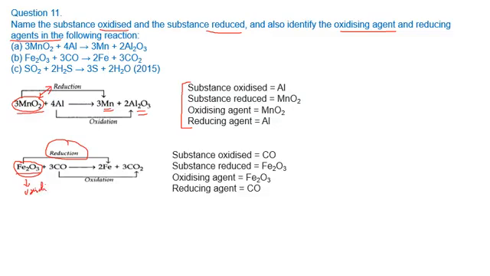And carbon monoxide has gained one more oxygen. So oxidation is taking place in carbon monoxide as it becomes carbon dioxide. So carbon monoxide is a reducing agent.